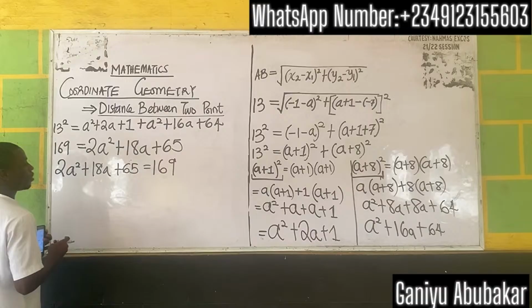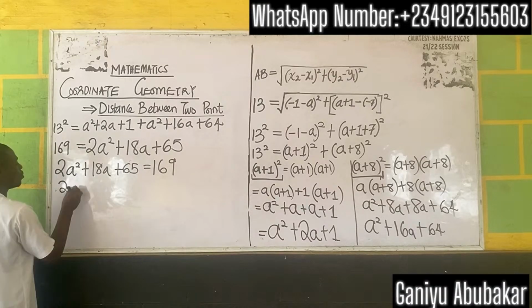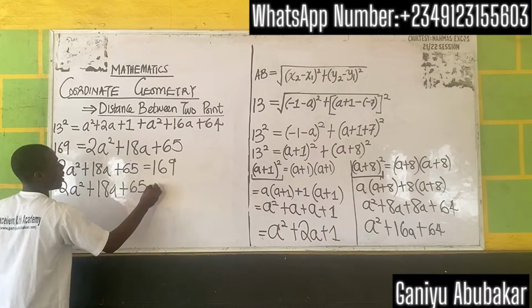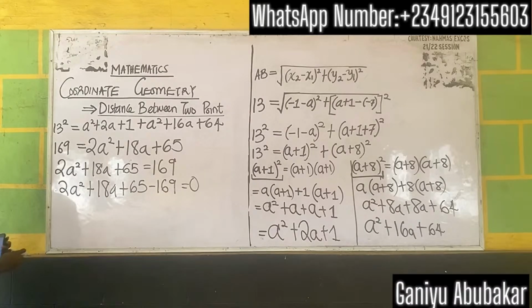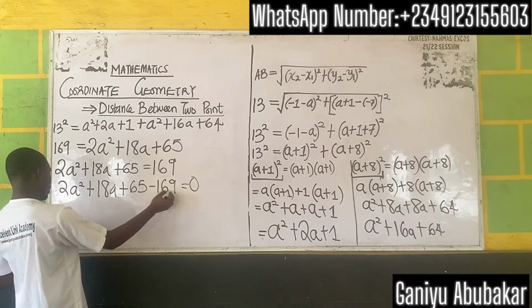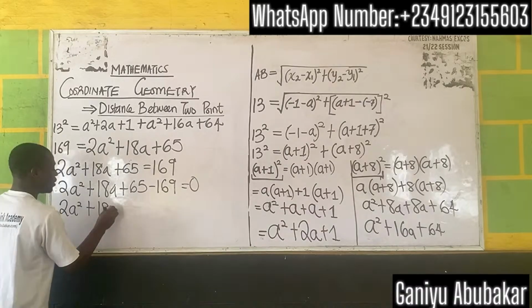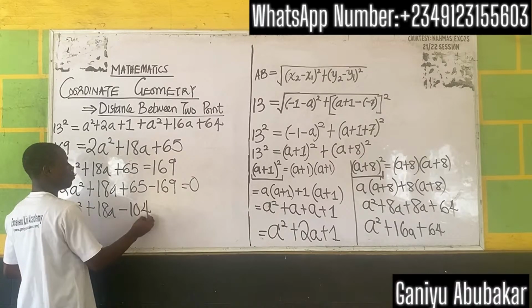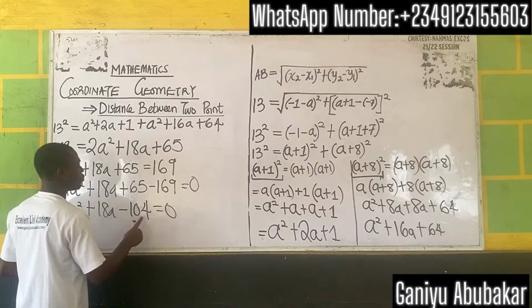So if I bring this 169 inside here, that gives you 2a squared plus 18a plus 65 minus 169 equals 0. All right. If I subtract, 65 minus 169, that gives you 2a squared plus 18a minus 104 equals 0. Positive 65 minus 169 gives you negative 104.